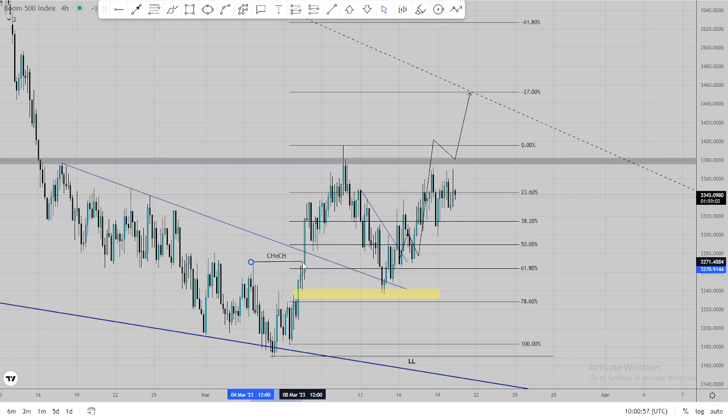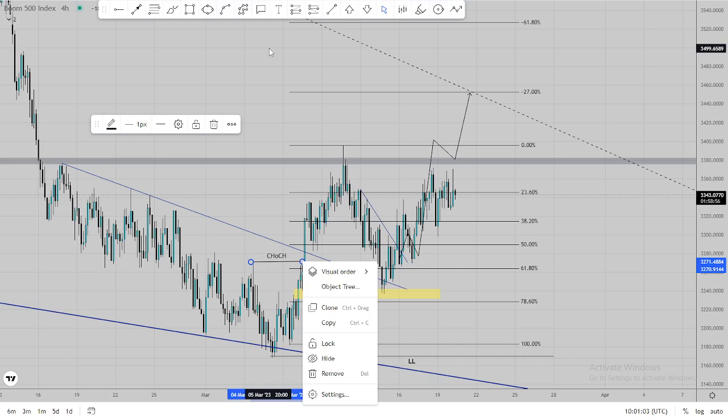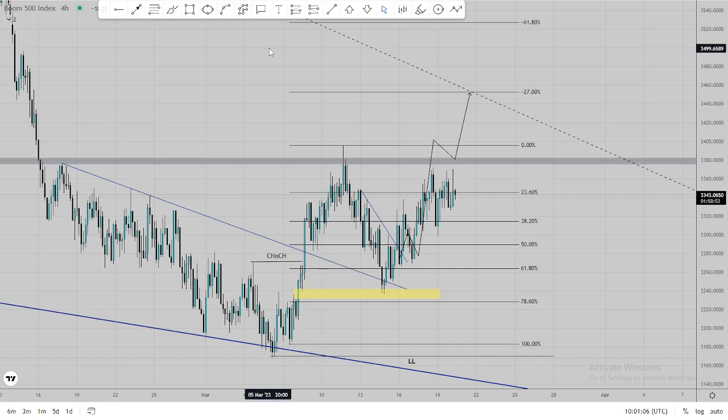So after the change of character, you wait for the retracement into a Fibonacci, a fair value gap, or an order block. It actually retraced into Fibonacci 61.8, as well as this trend line number 2, number 3, as well as this fair value gap or imbalance. So those were so many confluences guiding this trade. After tapping there and rejecting, one could have started buying.